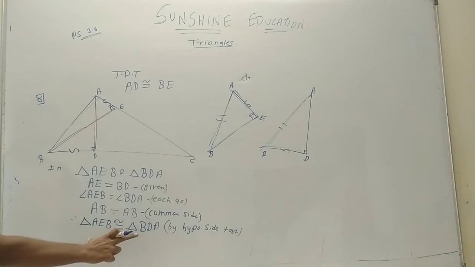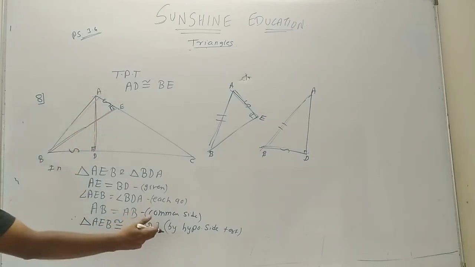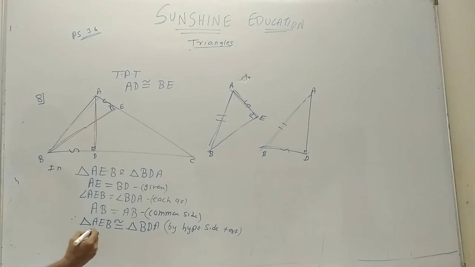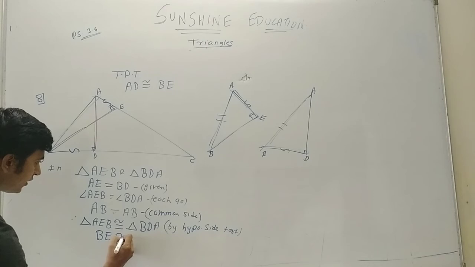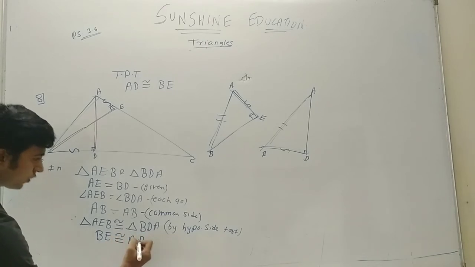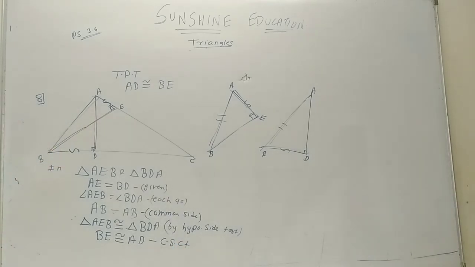So two triangles are congruent by which test? Hypotenuse side test. If two triangles are congruent, can I say that corresponding sides are equal? Corresponding sides, that is AD, which is over here, and BE. So I can say that BE is congruent to AD, corresponding sides of congruent triangles. Yes, that is what you needed to prove. So we are done with the question.